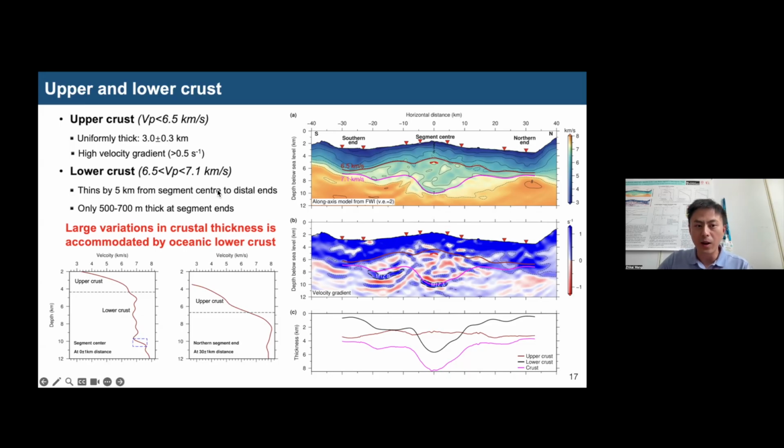Then the lower crust, whose thickness is shown as this black curve, is thick at the segment center and then gradually thins towards the segment end. We can see the crustal thickness variation mimics the lower crustal thickness variation. This means the large variation in crustal thickness is accommodated by the oceanic lower crust. And the lower crust is very thin at segment ends, only 500 to 700 meters thick.